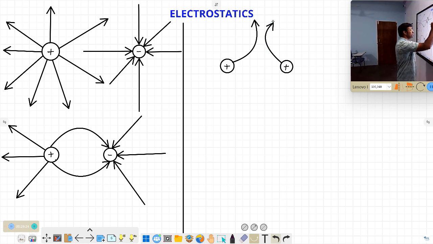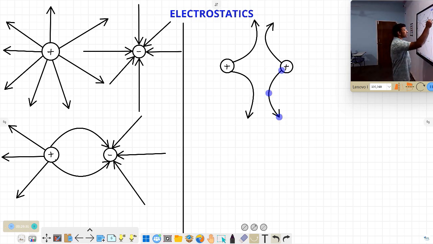So in this case also, the electric lines of force you are seeing will repel each other. The strength of these lines which repel each other will be different at different points, according to our discussion. These electric lines of force are going to repel each other.